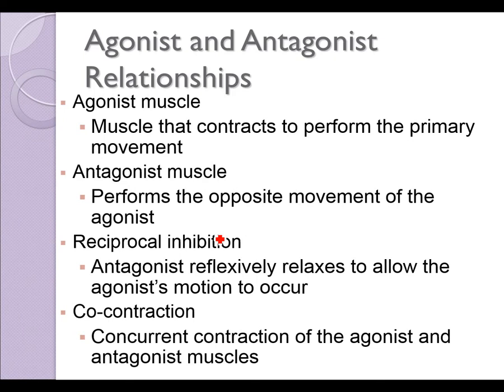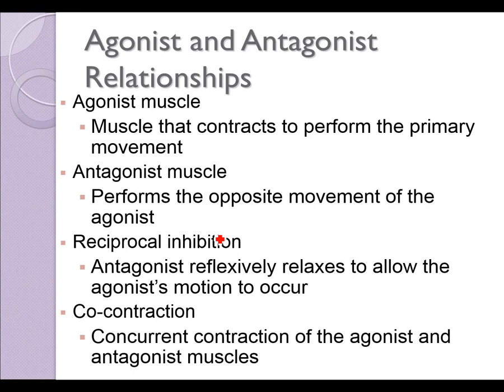So then we have reciprocal inhibition. This is a really important concept, and it's going to not only come into play in this class, but also it'll come into play big time in rehab next semester. Reciprocal inhibition is defined as the antagonist muscle reflexively relaxing to allow the agonist muscle to occur.